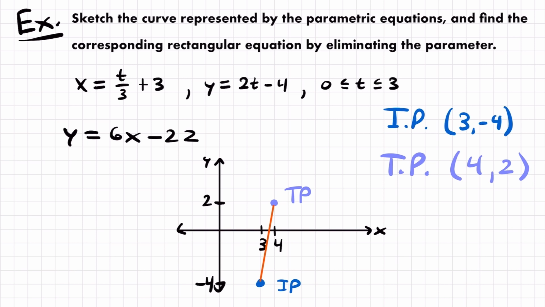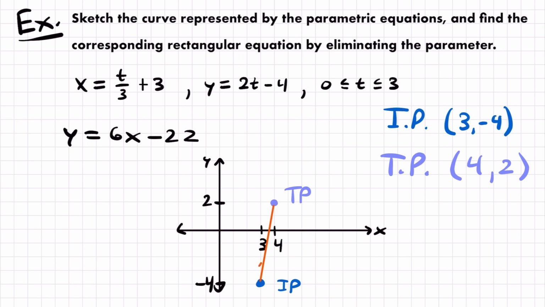The only thing that we have to label yet is the direction of the curve. Which way is it going? Is it starting at this point and ending here, or is it starting at this point and ending here? Well, we already have it labeled that this is the initial point and this is the terminal point, but what that means is that this plane curve starts here and moves towards this terminal point.